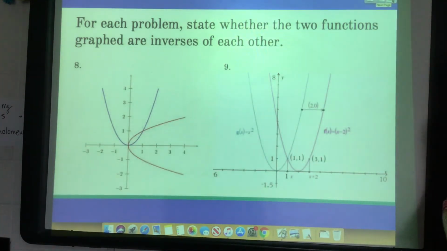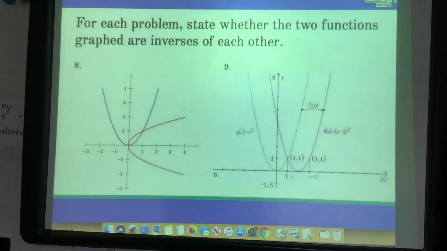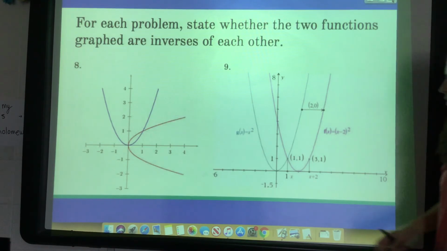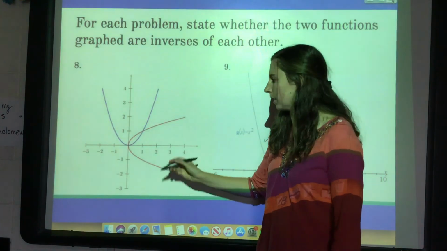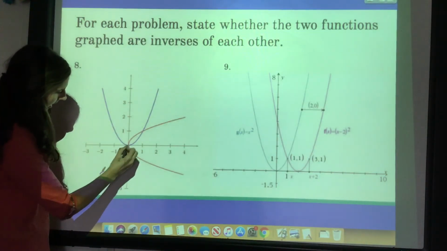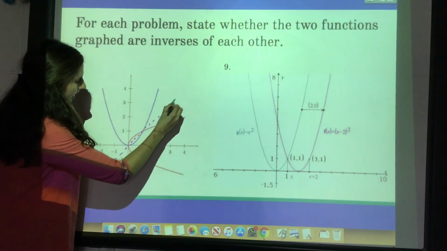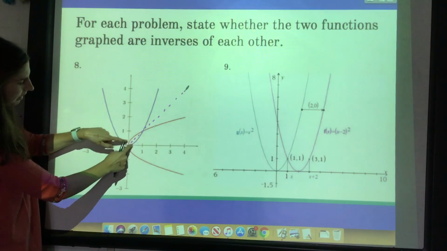Just a couple more. Okay, so these two parabolas actually are inverses of each other because if I have the line y equals x, this diagonal line here, do you see how at each point they're exactly the same distance apart from that line?